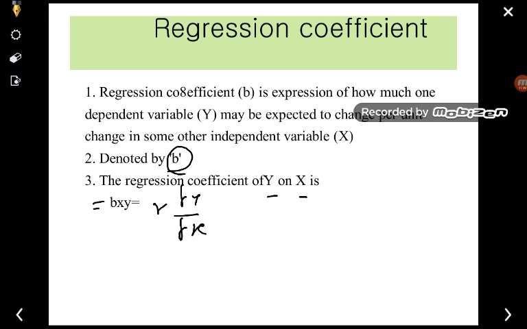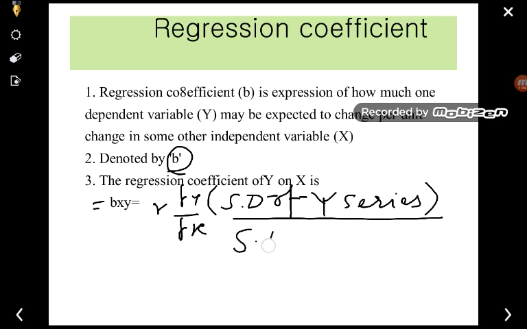So what is delta y? Delta y is nothing but the standard deviation of y series, divided by standard deviation of x series.